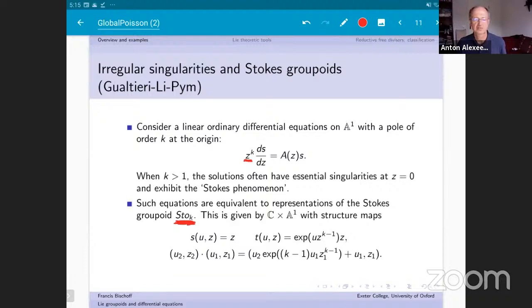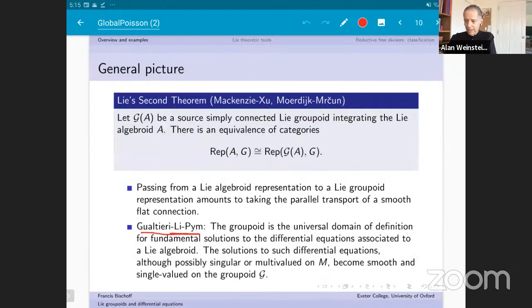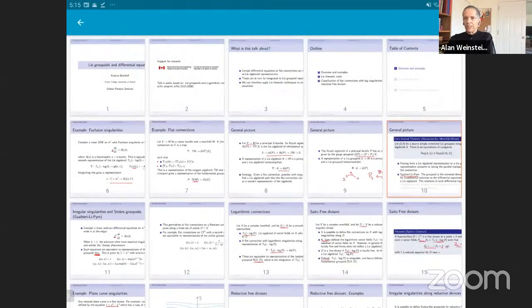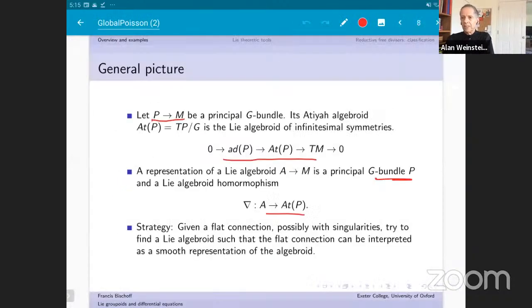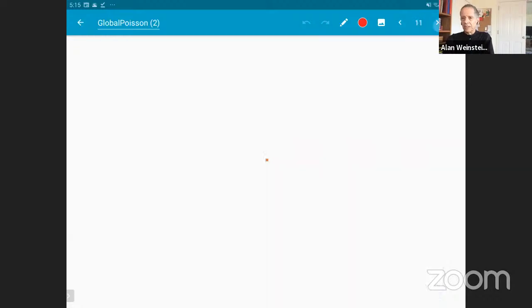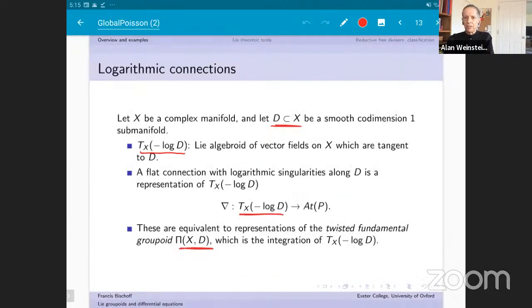Yeah, I have a question. This goes back to the very beginning of your talk, as I understand it. You look at a divisor and look at the vector fields tangent to the divisor, which means those which annihilate the functions of which the divisor is the vanishing set.